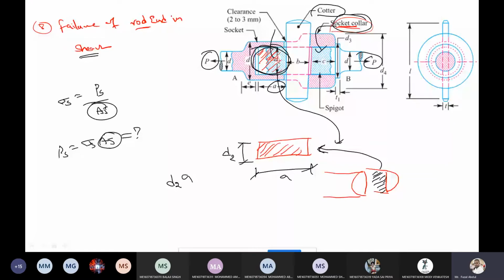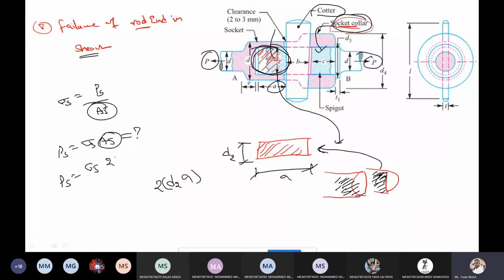Now you can find the failure area on two sides, because the one solid rod is going to make two half portions. On this side one area, and on this side you can find another area. So two failure areas we are finding here, so multiply with 2. Now P_s equals shear stress into 2 into D2 into a.